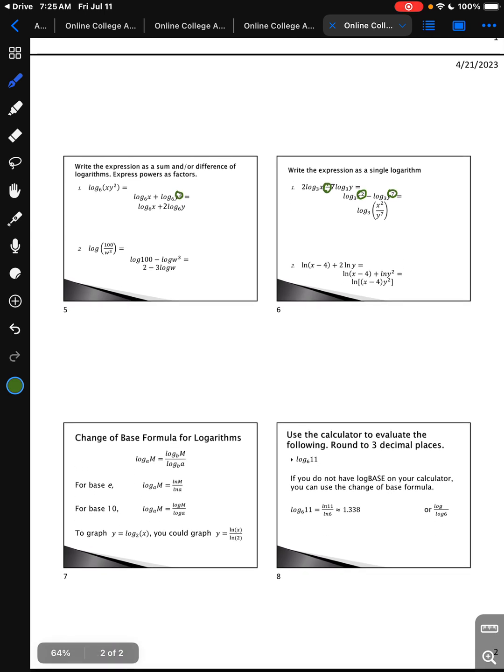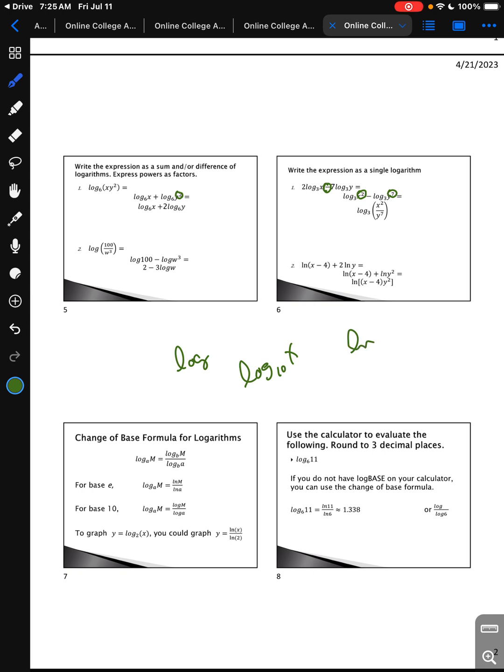Now another useful tool for you is the change of base formula. That's a really neat way to use your calculator to find logarithms of things other than base 10, because your calculator will only do base 10. On your calculator you have this log button. That's actually the same as log base 10 of x.